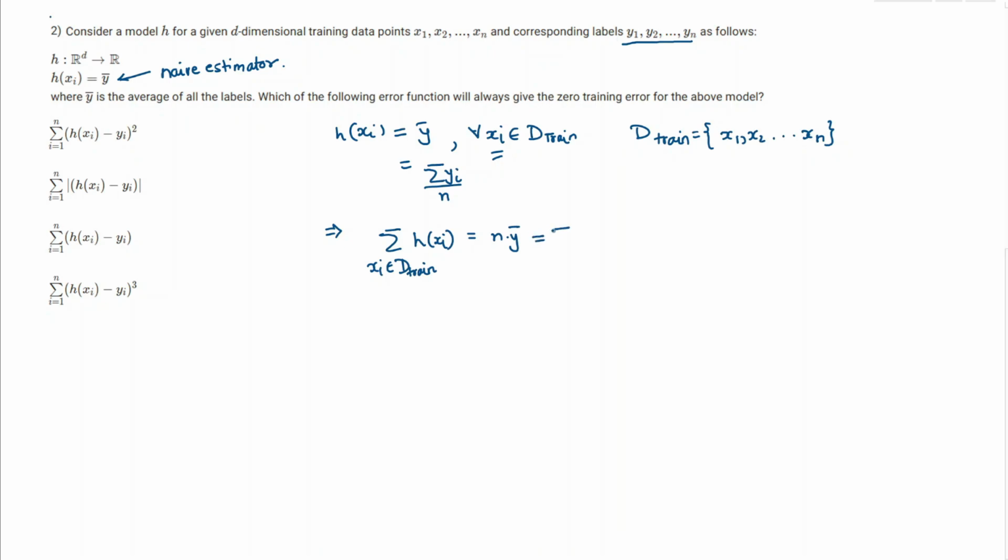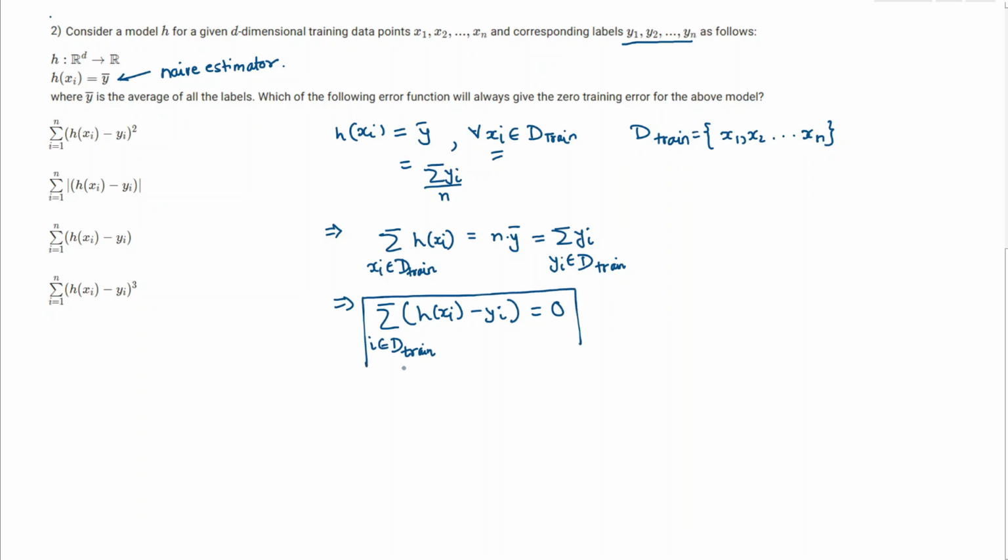That is again the summation of yi, where yi is all those data points in D-train. Now that means that if you take the sum over all i in the training dataset of h(xi) minus yi, this will be equal to 0. This is exactly what is given in the third option. So this is the correct answer.